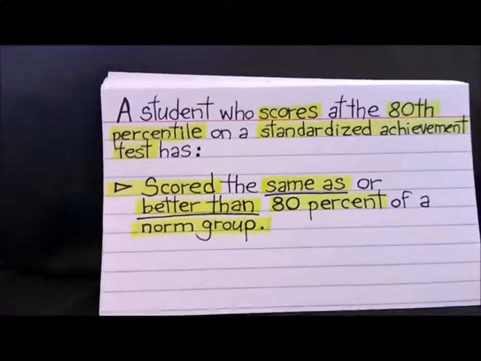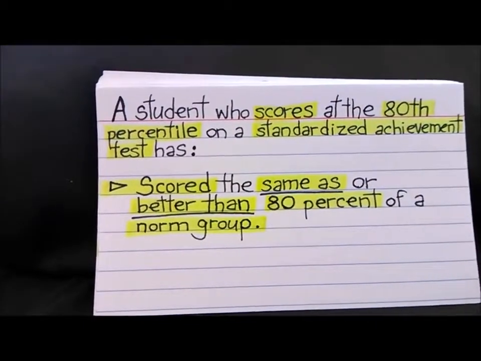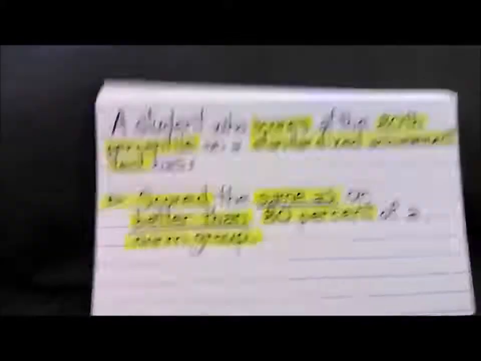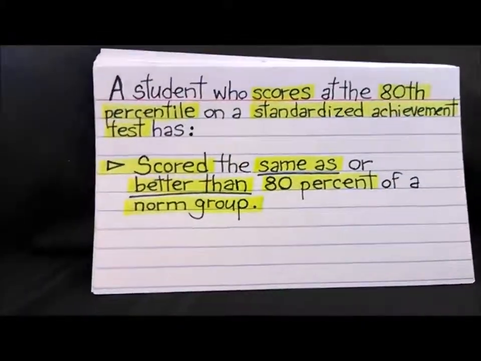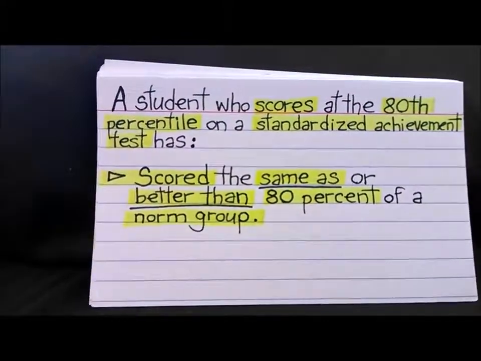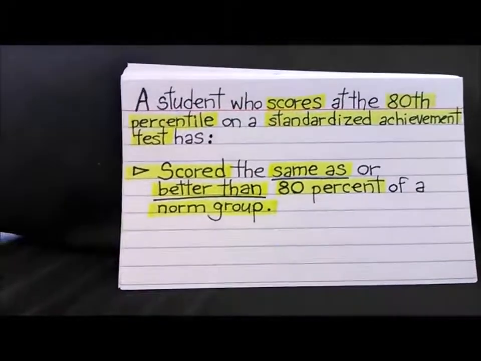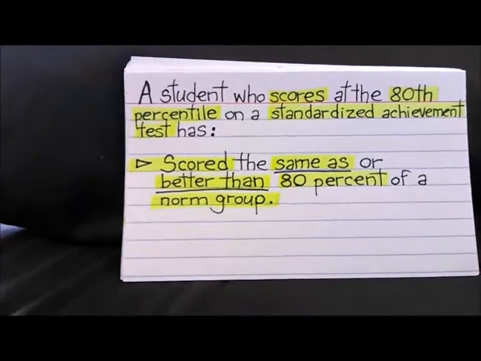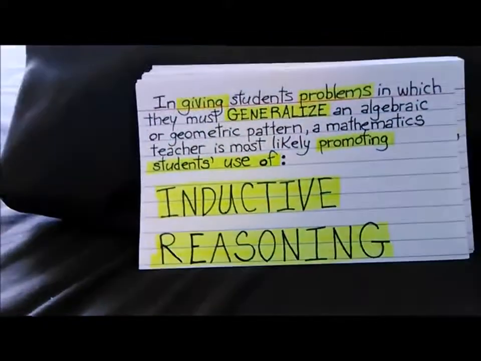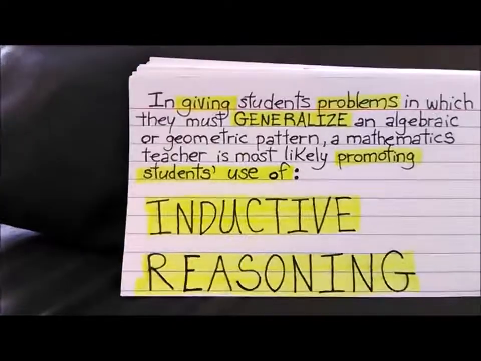A student who scores at the 80th percentile on a standardized achievement test has scored the same as or better than 80% of a norm group. Okay, that's actually what that means. Inductive reasoning.